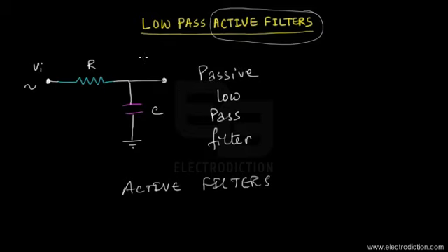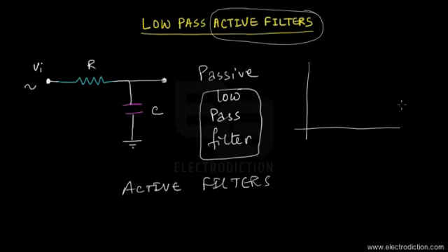For example, this passive filter that we have over here is a low-pass filter, meaning it would have a frequency characteristic. If we plot the output voltage versus frequency, it's going to have an output characteristic that looks something like this. Here we're going to have some sort of a cutoff frequency.